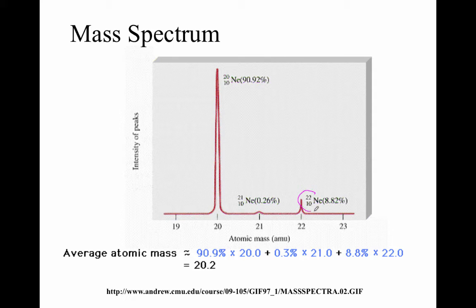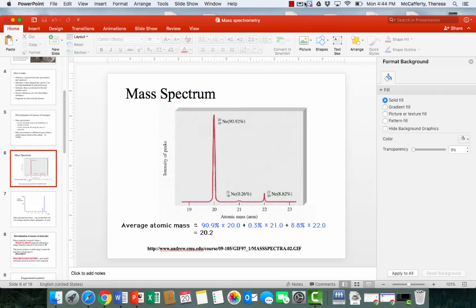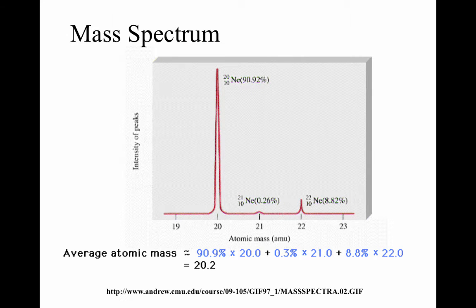The heavier isotope, this neon 22, if you remember, this top number is your mass number, which is the neutrons and protons. I was talking about this being the mass number, protons plus neutrons, this being the atomic number.